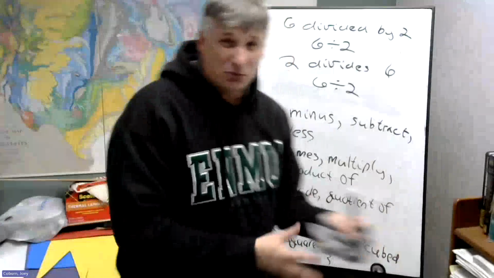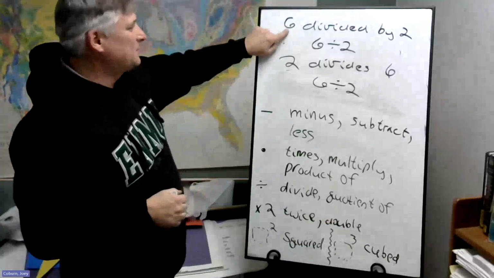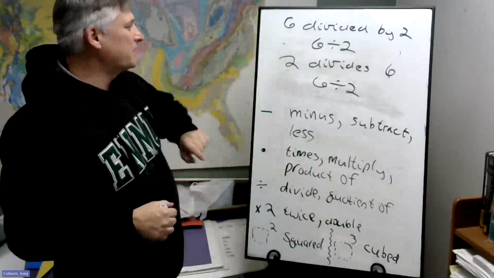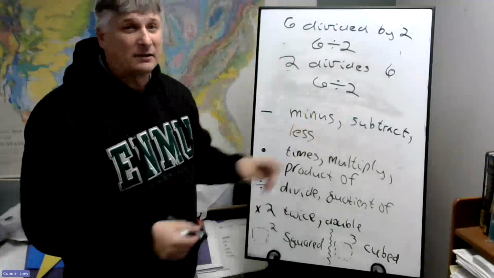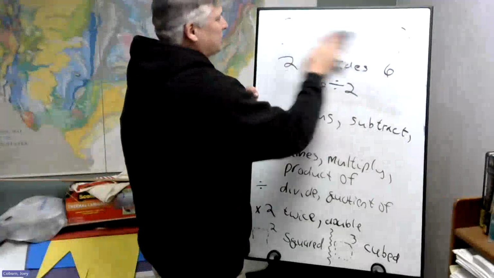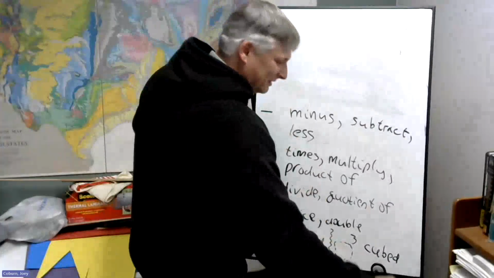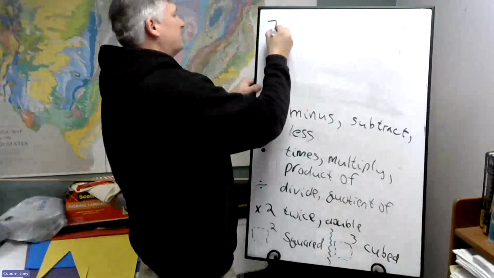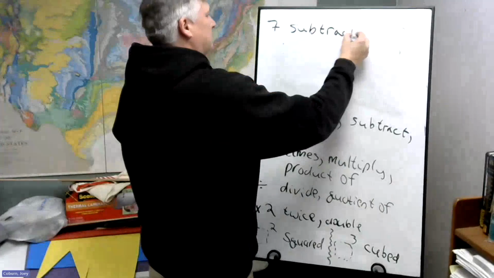So again, it's kind of like with subtraction. Here the 6 is first, and we have the 6 in front, but here the 2 is first, but the 2 is behind. And again, with subtraction, just to write this down, you can say 7 subtracts 2.